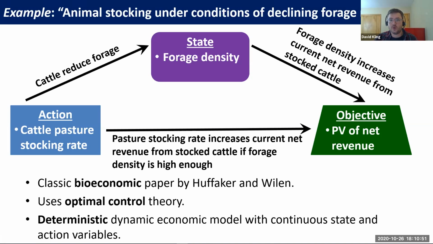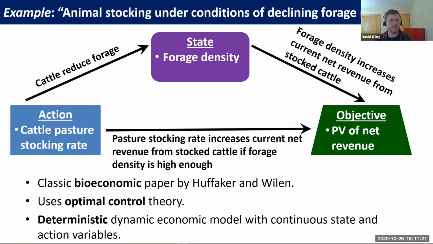Their objective was, they took the position of a cattle operation, and the objective was the present value of net revenue from raising and selling cattle. And the action, there's just one, was the density of cattle stocked on pasture land, so grazing on forage.